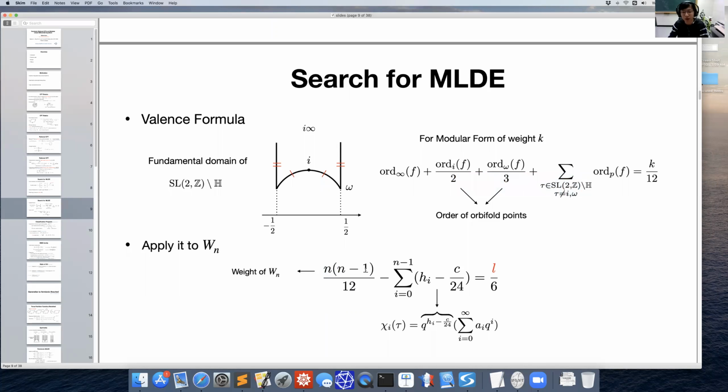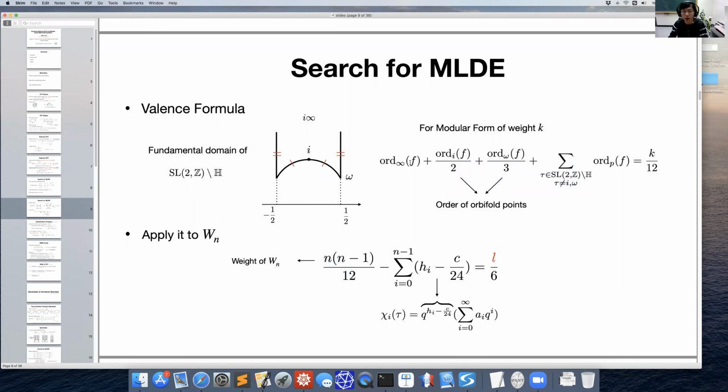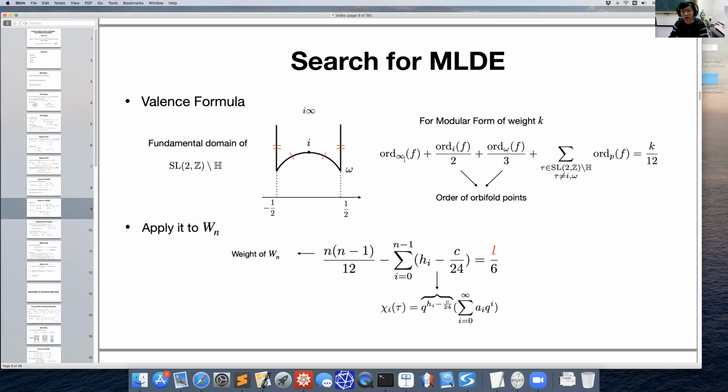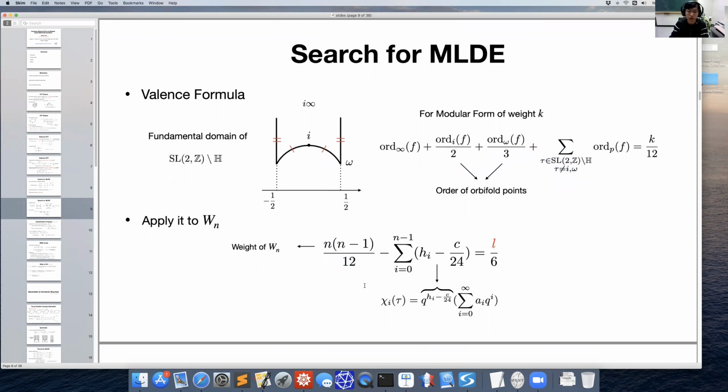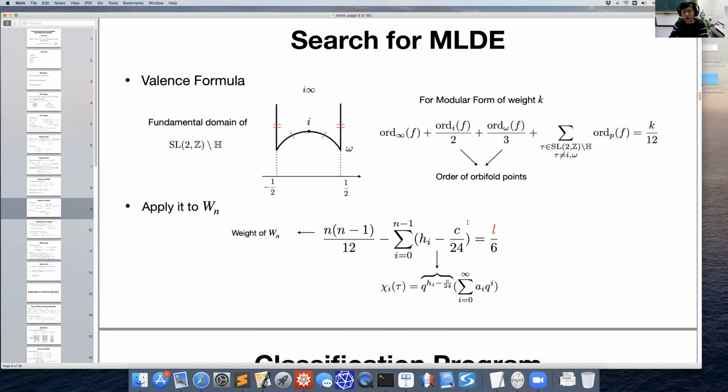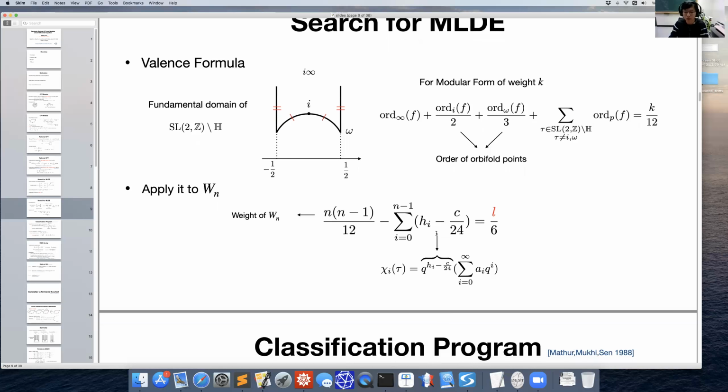This n times n minus 1 is the weight, and from the very definition of characters, we know the order at infinity, so this is also part of the information. This part I call L over 6, in such a way that L is always an integer. So this is just a rewriting of the valence formula.